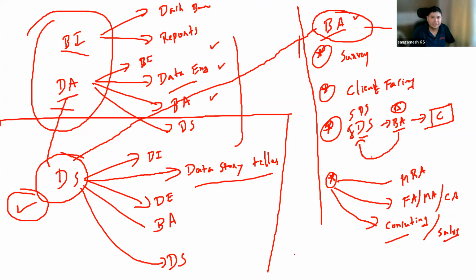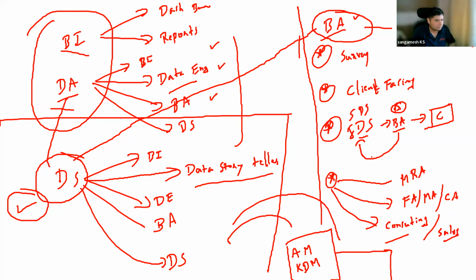Post that, there are also certain specific roles which are actually available. Analytics manager, key delivery manager, we call them KDM as well. So these kinds of things. There are also consulting roles which are actually available. A data scientist normally tends to fit into these kinds of roles as well. So it's a hierarchy. If you are a person having 1 to 2 years of experience, these are the roles which you can explore.